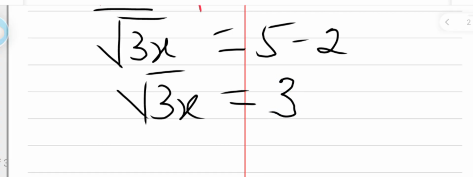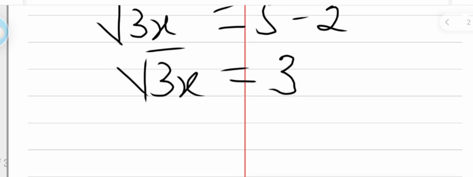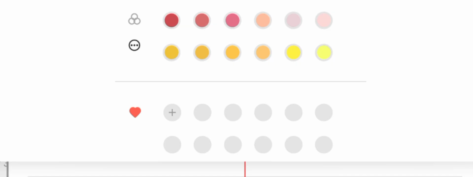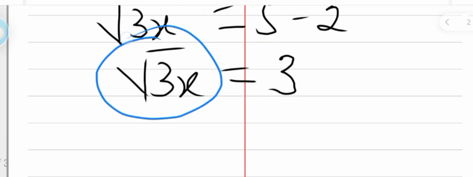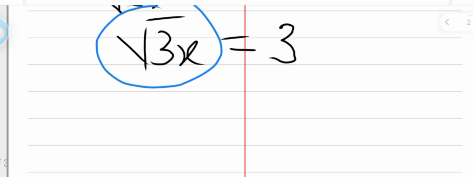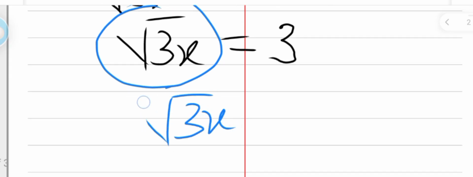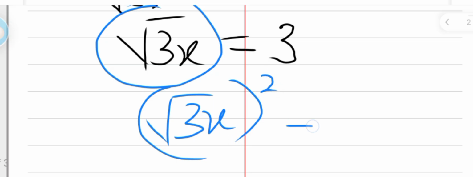Now at this end, look at something. What can we do? Remember, this root sign represents the square root of 3x. What is the square root? The square root is to the power of 2. So to be able to clear this root 3x, what we do is that we have to square both the left hand side and the right hand side.